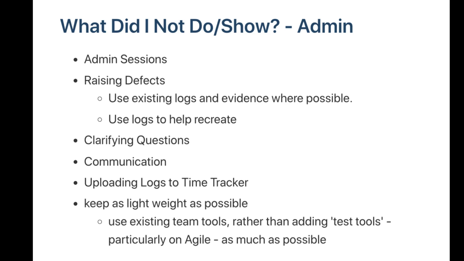Lessons that I've learned in the past are to try and keep this as lightweight as possible. Very often I'll see teams on agile projects, doing agile things, but then suddenly they have test tools, a test tracking system, a test log system, an add-on for tool X that supports exploratory testing logging. I try and avoid anything like that, particularly on agile projects, because the only people that are ever going to look at a test, in quotes, tool are people on the test side.